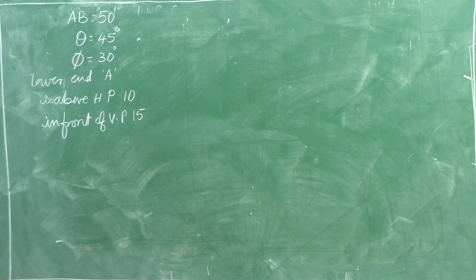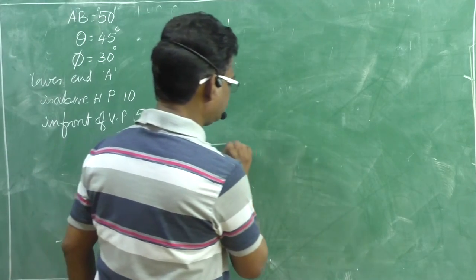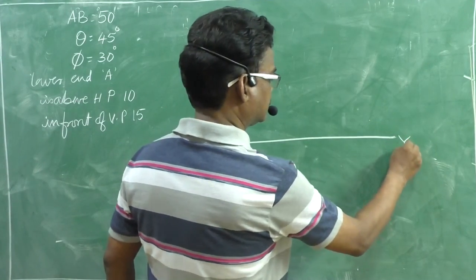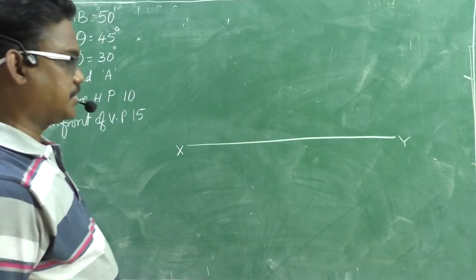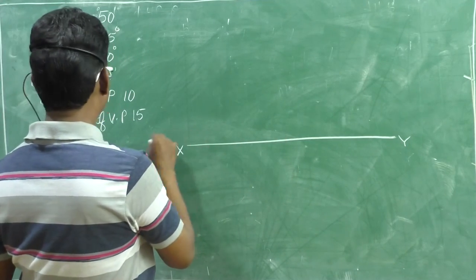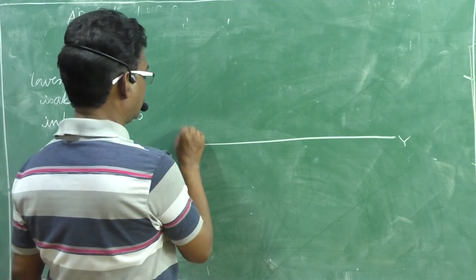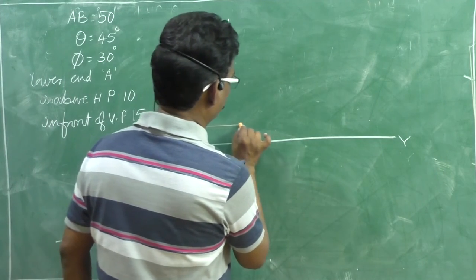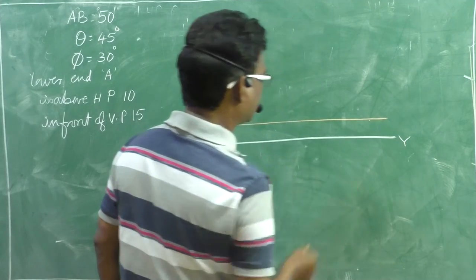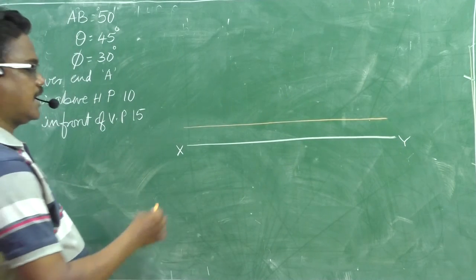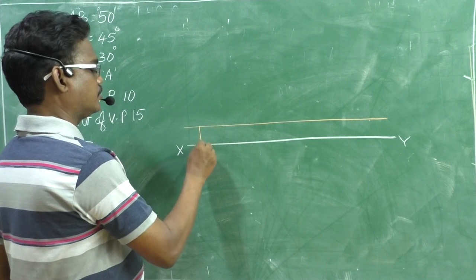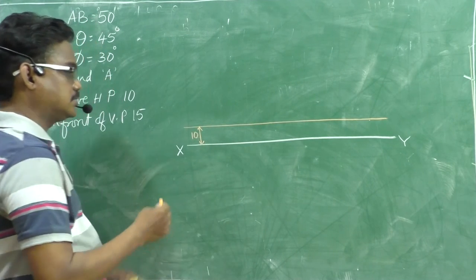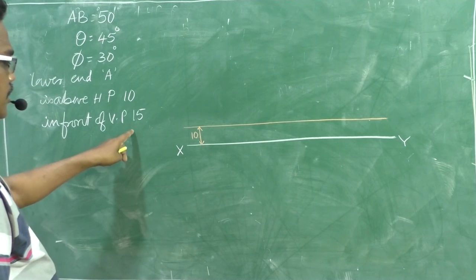Okay, for this problem, see, draw the XY reference line first. As per step-by-step procedure, locate the position of the fixed point. It is above HP 10 mm. Therefore, you can draw a horizontal line above the reference line at a distance of 10 mm. This is 10 mm. Right. The line is in front of VP 15 mm.